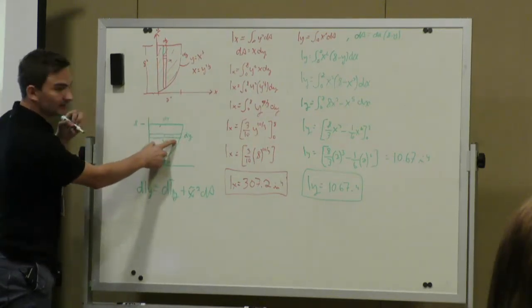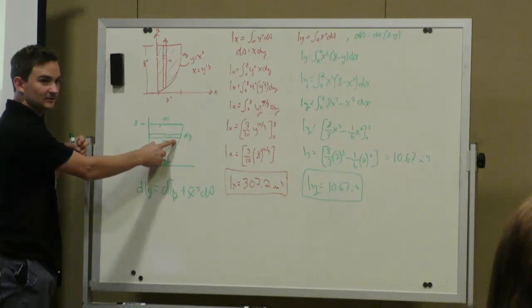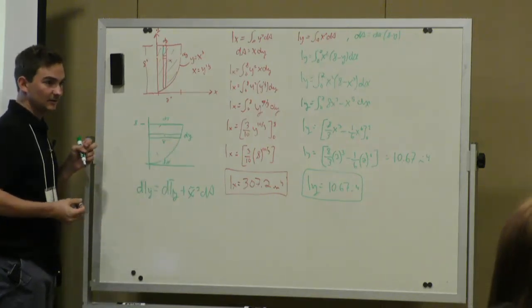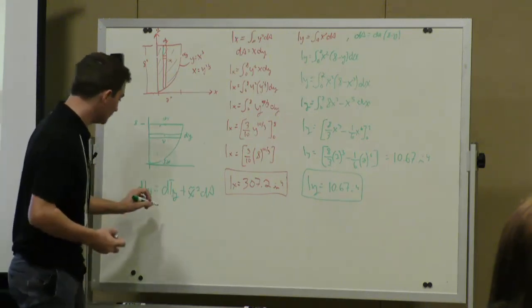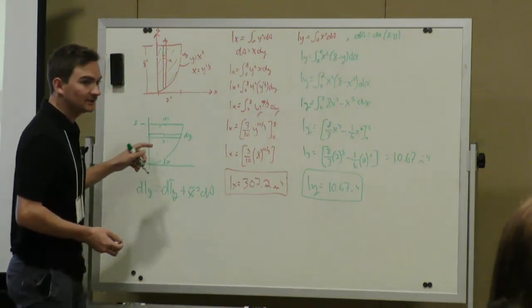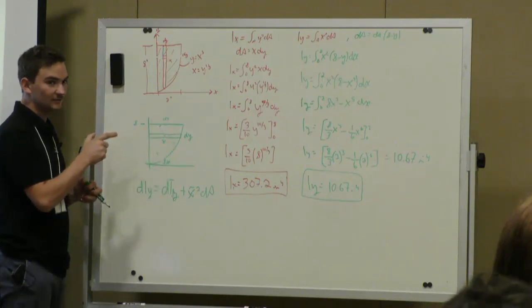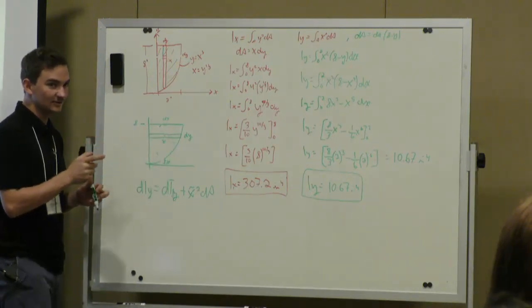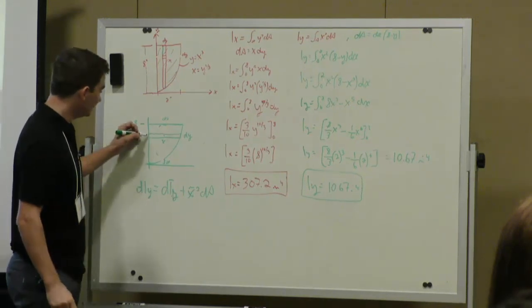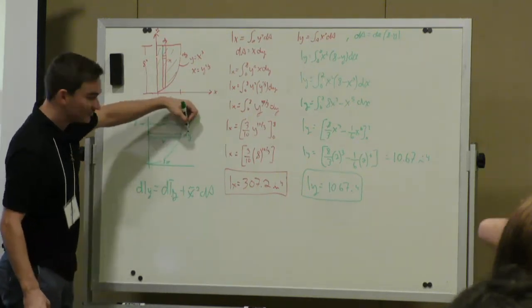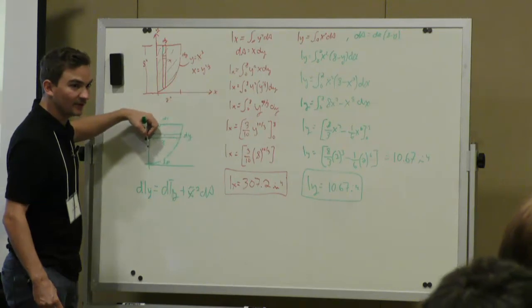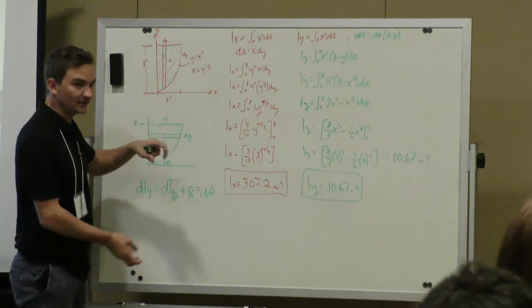Does anyone know what the moment of inertia of a rectangle is? Yeah, it's 1/12 base times height cubed. So what is the base about Iy? We're looking at it this way, so our base would be dy, and our height would be x. That's the tricky part.